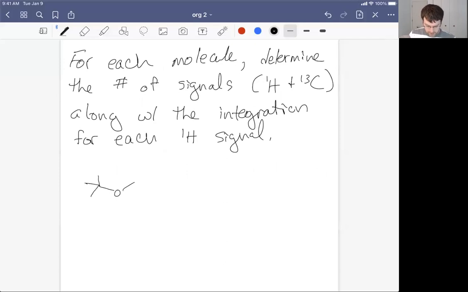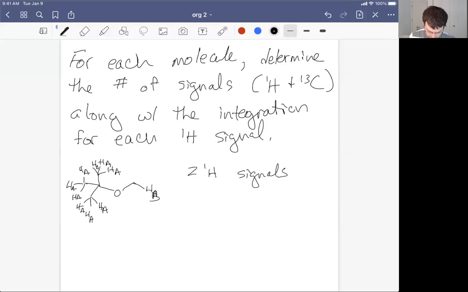So in the last lecture, we determined that there were two 1H signals. And so we have HA, and there are HAs everywhere. I'm going to have to redraw the molecule just so I can fit all of the labels with carbon.